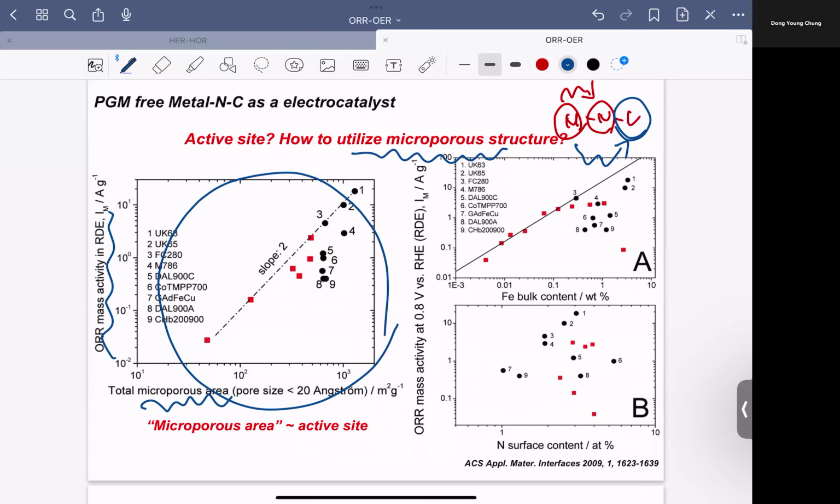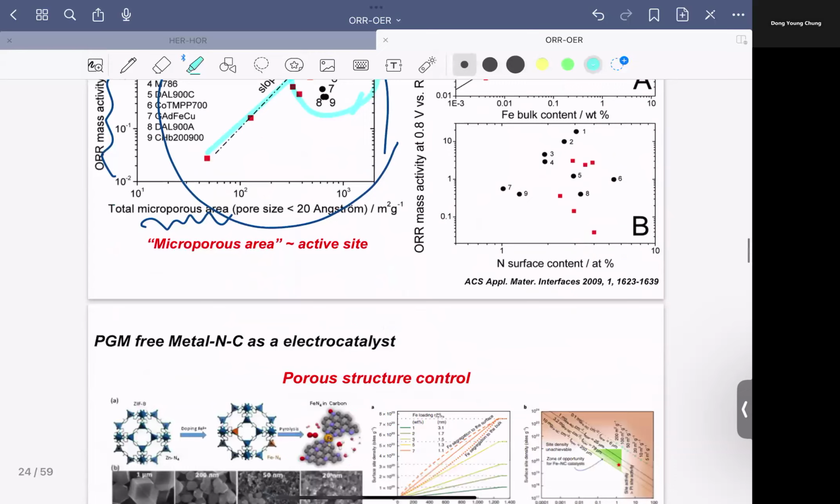But please keep in mind, even though I mentioned it is a nice correlation, there is a huge scatter inside, which means that people conjecture that the microporous structure is the active site, but you also have to consider the utilization of the micropores as an active site, right? So this is still an ongoing question that we have to solve.